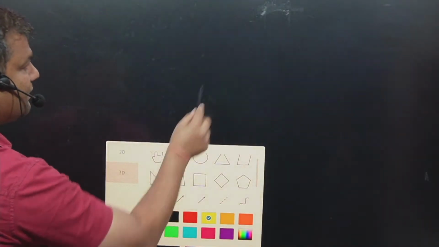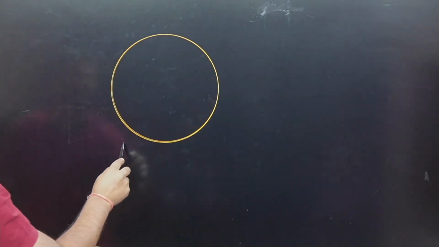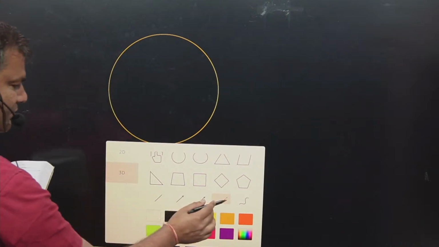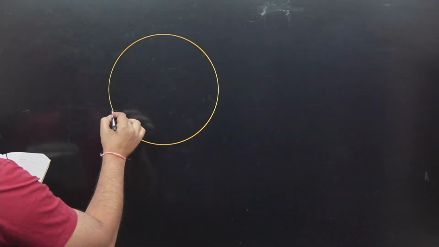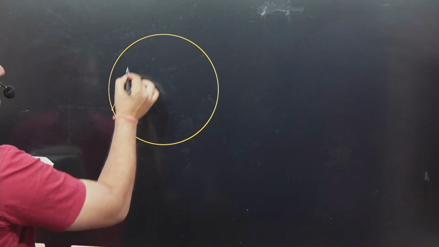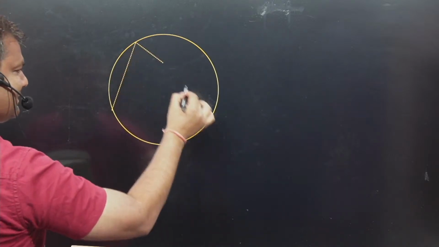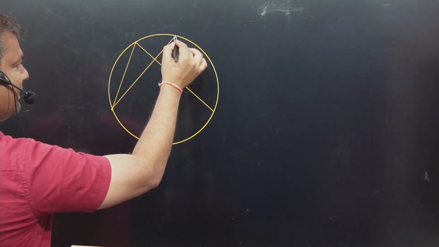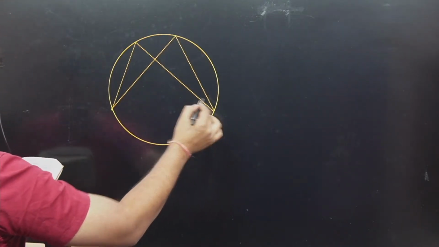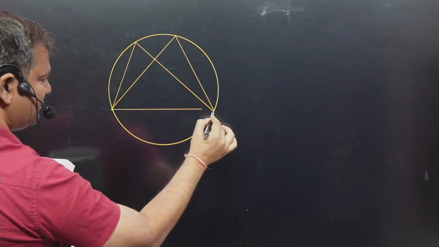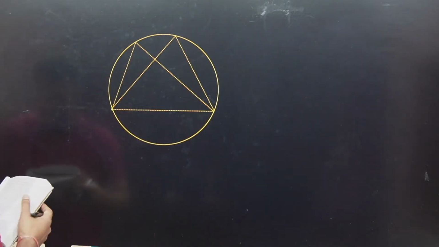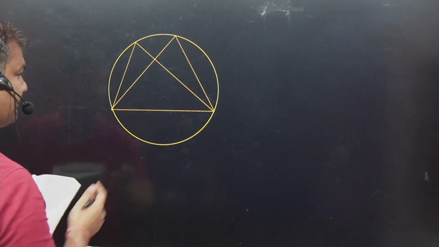So look, the first question is a circle like that one. The question is, from here to here is a segment, and another segment like that one, from here to here.